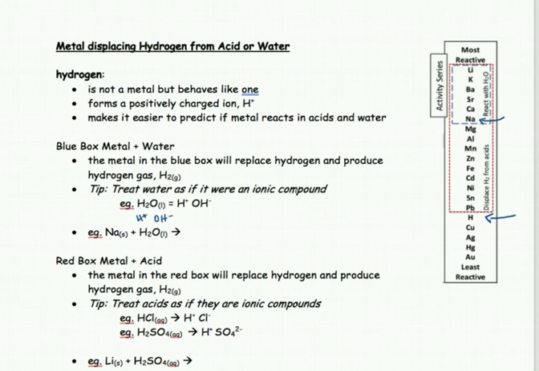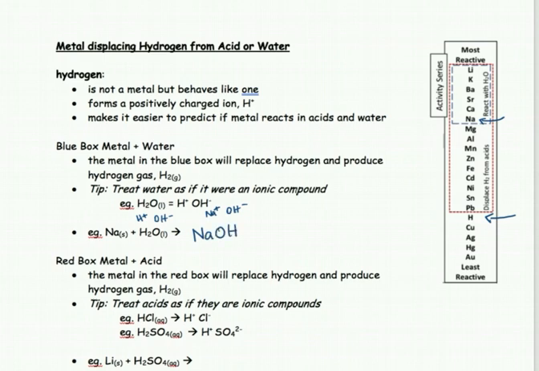Again, think of water as being like H plus and OH minus. So what's going to happen is that sodium is going to come in and grab onto the negative ion here. So if you want, you could think of it as sodium and hydroxide. They're going to combine and make a compound. So what does it look like? Sodium hydroxide, like that, 1 to 1.